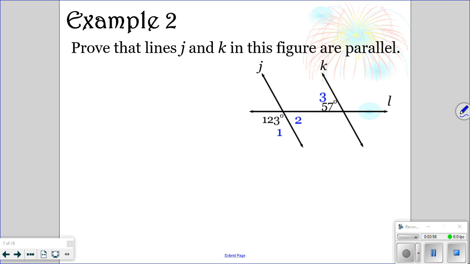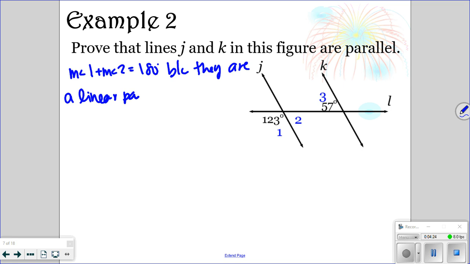So the first thing that we have to do is to get a pair of congruent alternate interior angles. So we know that the measure of angle 1 plus the measure of angle 2 has to equal 180 because they are a linear pair, or because they're supplementary.